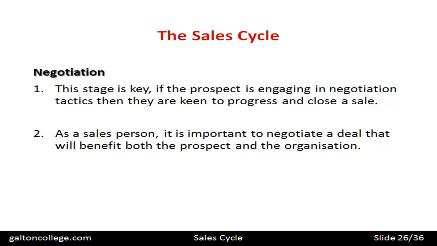Clearly they want to get as much as possible for the organization and presumably for their bonus as well. But on the other hand, they don't want to lose the sale. So the negotiations require special skills. Skills on both sides, both the customer and the seller, the salesperson.